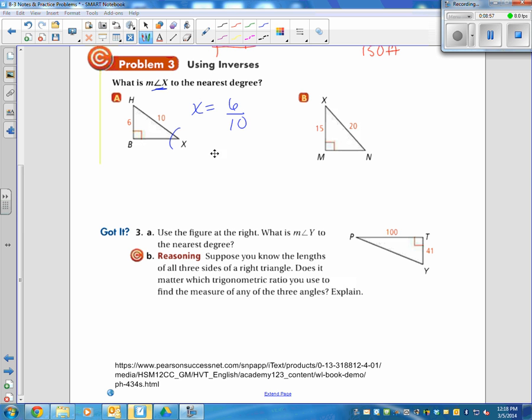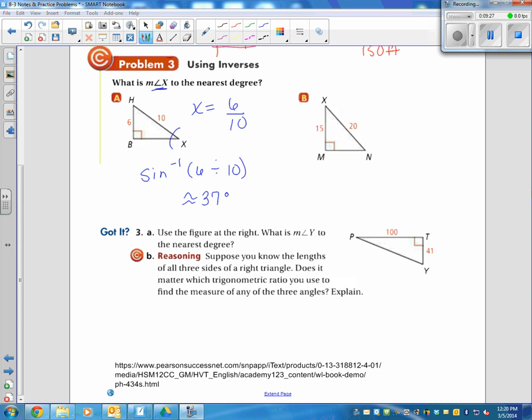In order to put that in the calculator, though, I will have to use the inverse sine button. So in my calculator, I'm going to say sine -1, which for most calculators is going to be on the second keypad. Punch that in and then add 6 divided by 10, and you should get an answer of approximately 37 degrees.